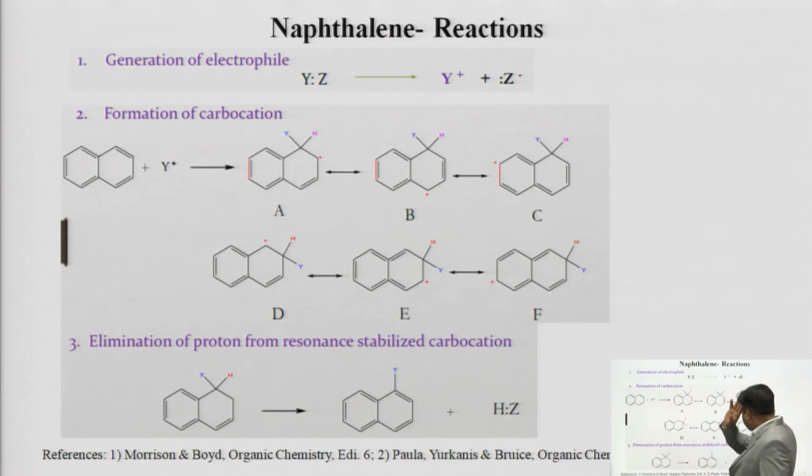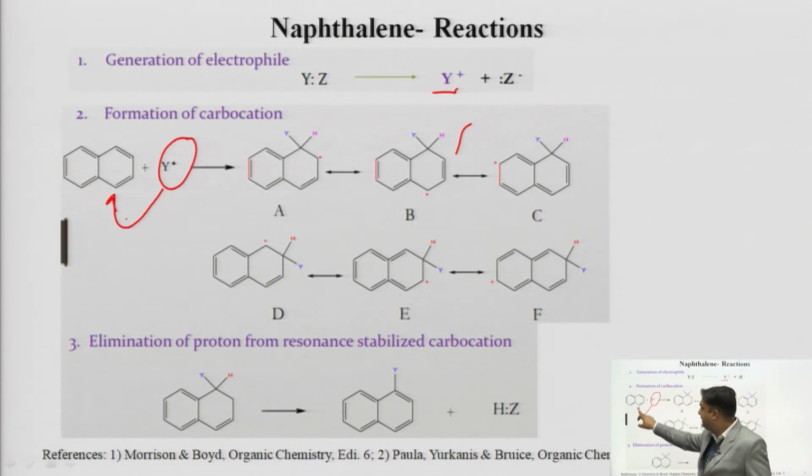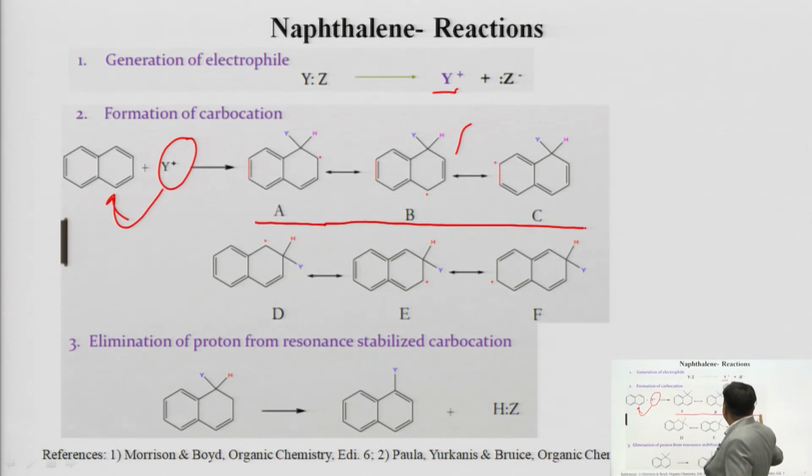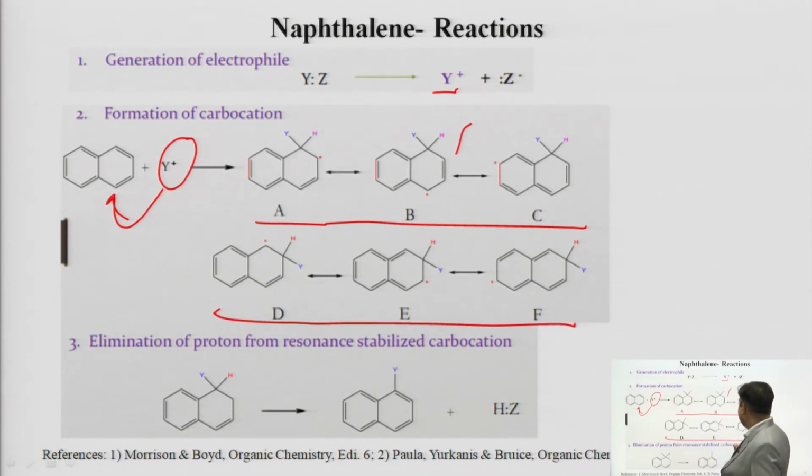So, now this is the reaction mechanism. Generation of electrophile: suppose we have a reagent. By this reagent we generate the electrophile, this Y plus is our electrophile. In the second step, this electrophile will attack the naphthalene and we get a carbocation which is stabilized by resonance. Delocalization of this positive charge occurs all along the ring of the naphthalene and we get the delocalized, stabilized carbocation.